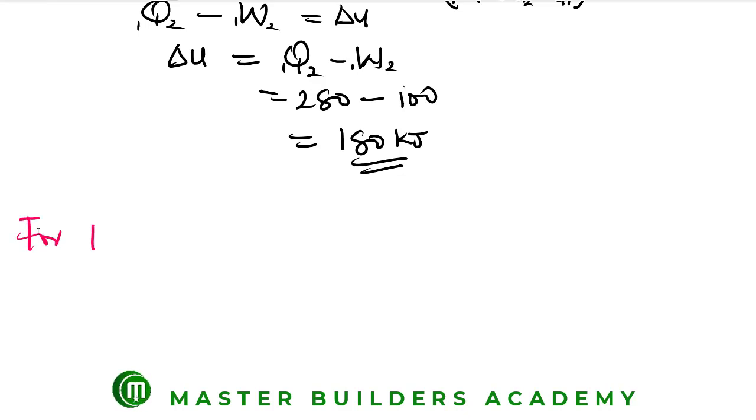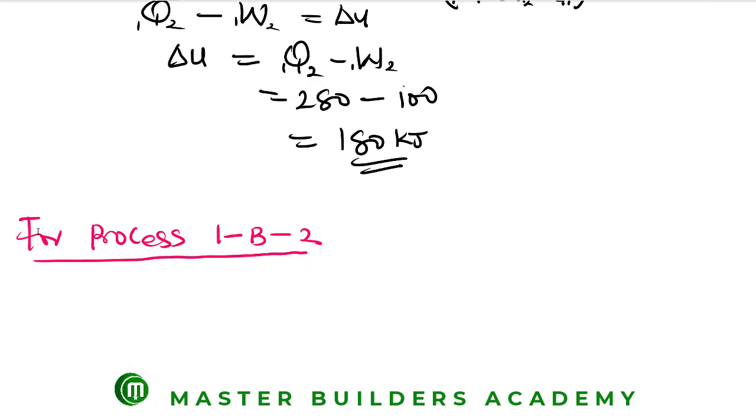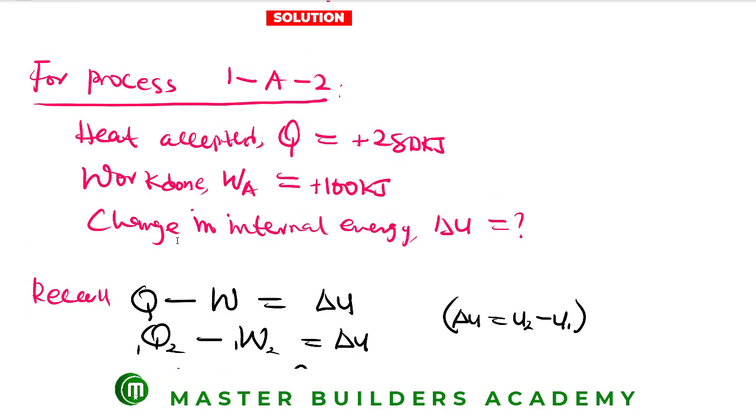For process 1 to B to 2. Now all we need to do again is this. In this process, what are the parameters given?